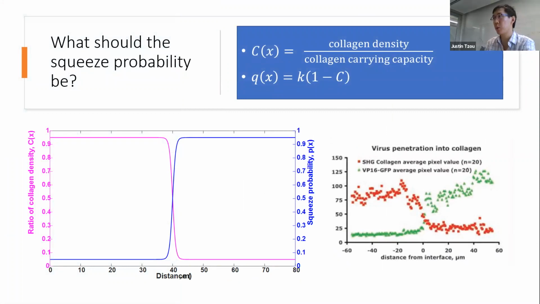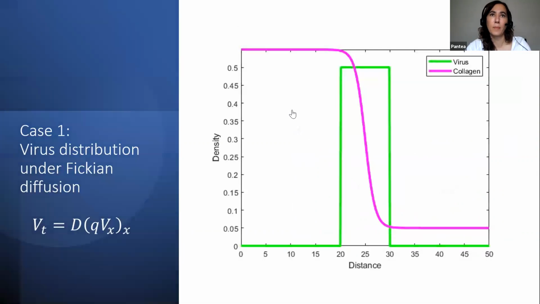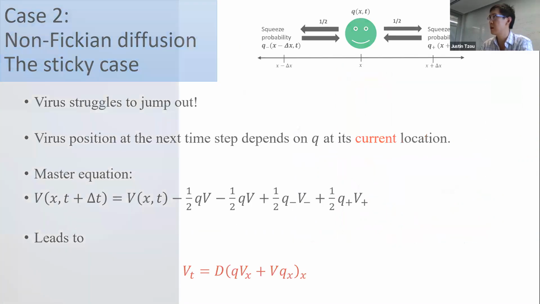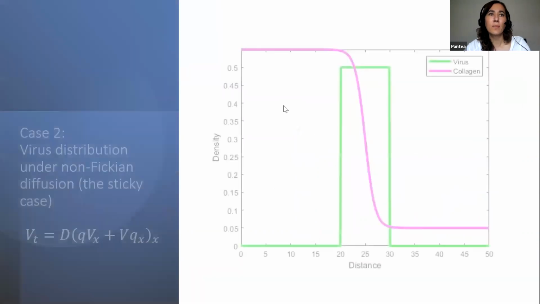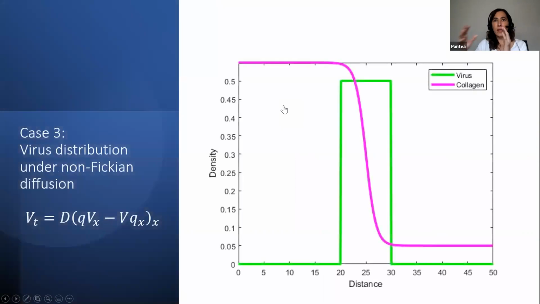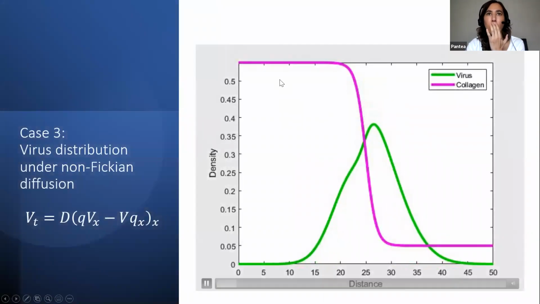I was actually wondering why you had the tumor cells diffusing with just regular diffusion, right? Why is it that they diffuse so differently from the virus? Well, at this stage, I didn't want to put in too many things that are going to complicate the model.